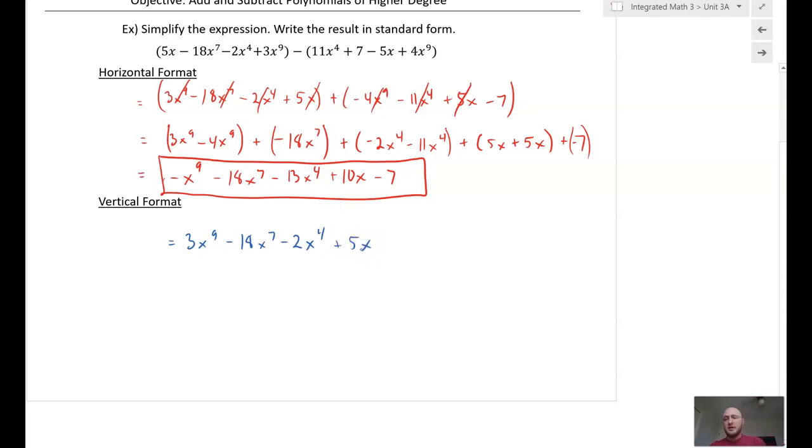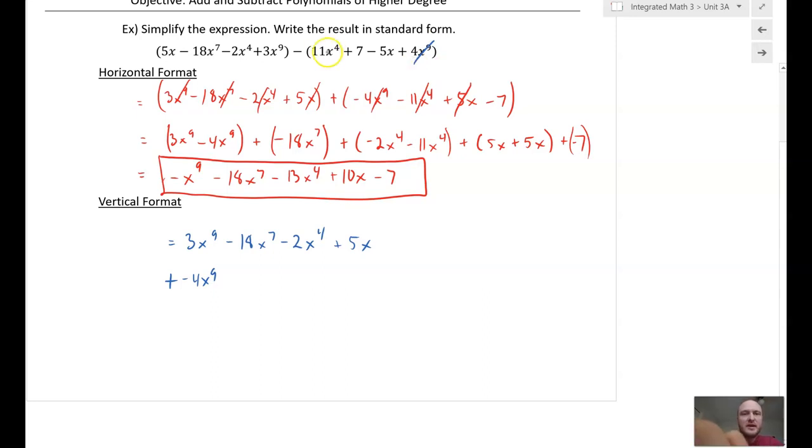Now I'm going to add, again, the opposite. So I have to change all of these signs. So 4x to the ninth is going to be a negative 4x to the ninth.